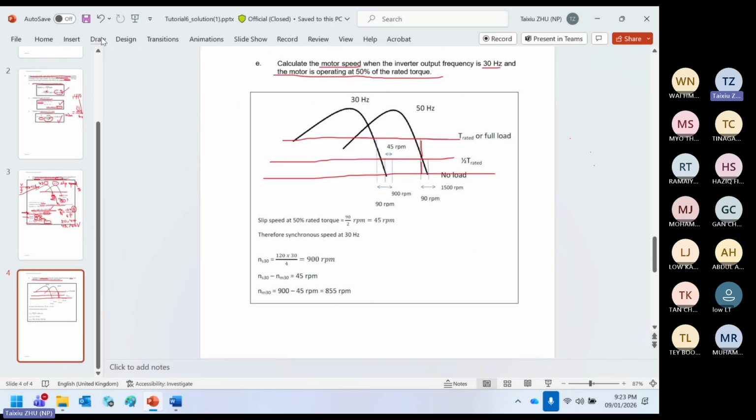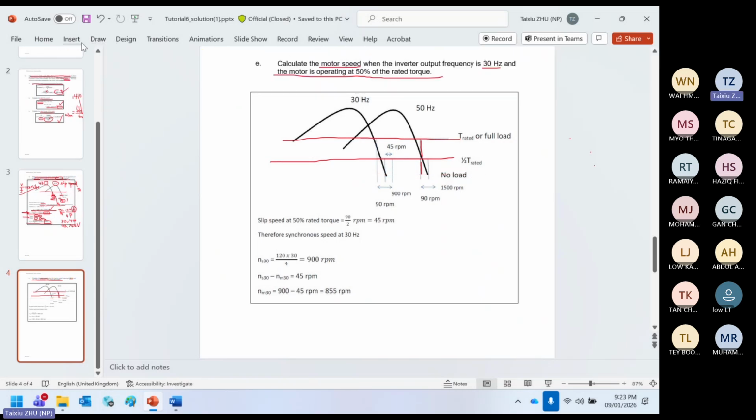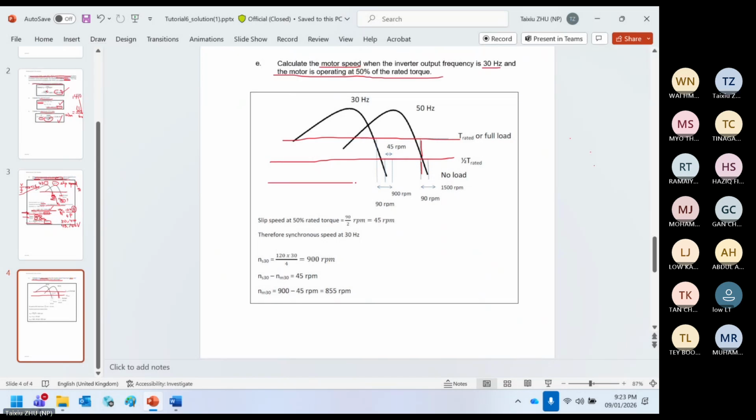Let me try to draw a better one, more reasonable. Maybe this is too low.